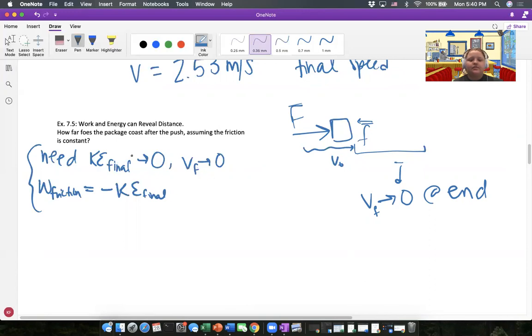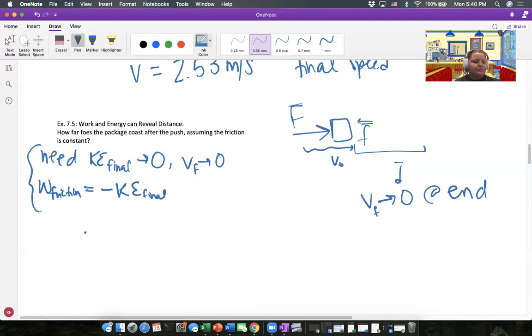So our kinetic energy final would be 0 at that point, okay? So we also want to find out what our kinetic energy would be to slow it down, right, to that stopping point. So our frictional force would have to be the exact opposite and equal to the kinetic energy at that position.